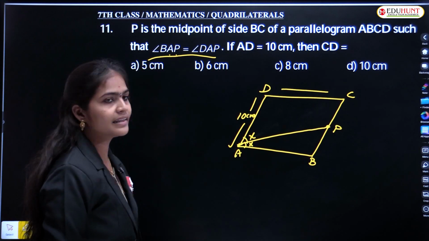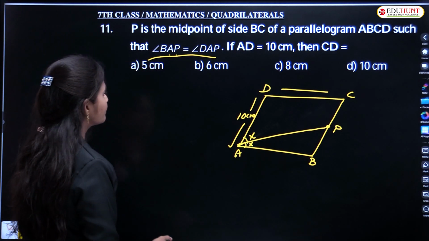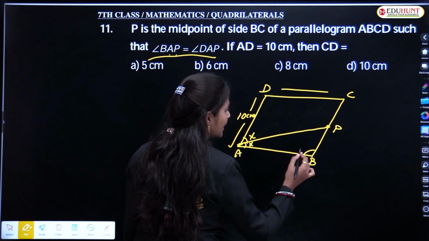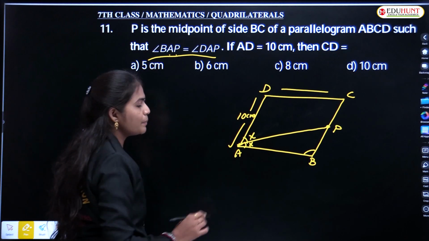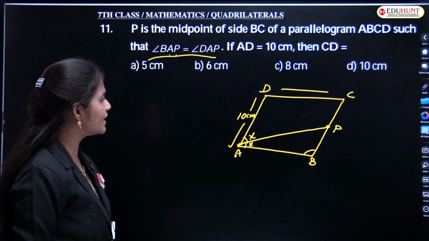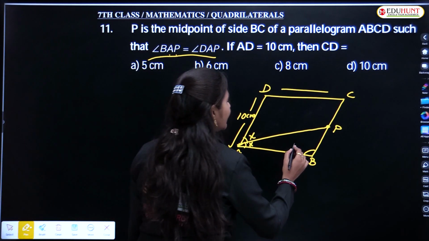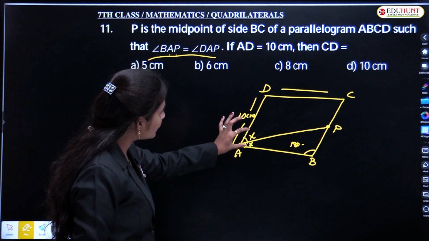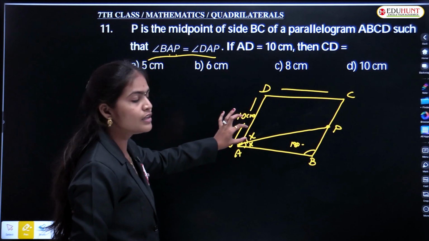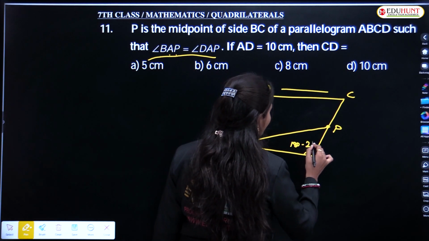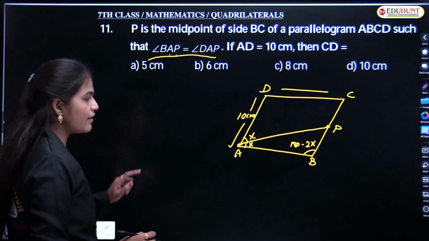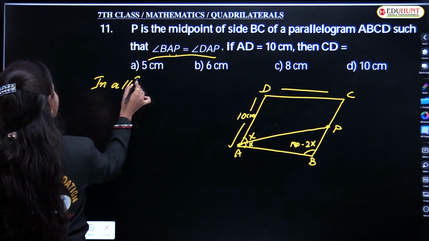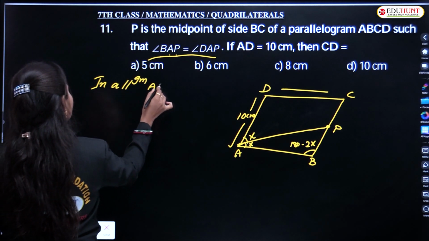So how can we write this? Here this is X, and angle A is X plus X, so that is 2x.